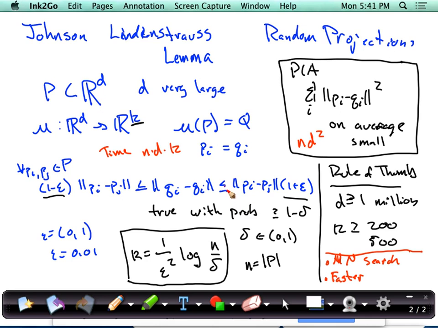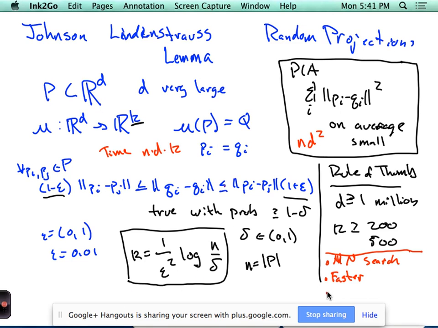Okay. The other thing that's going to happen, and I'll describe the algorithm next, the other advantage you're going to get, which is going to be important, is that this is going to be agnostic to the data. So the algorithm of doing this projection from D dimensions down to K dimensions is not going to care about the shape of the data or how the data is distributed or anything about it.